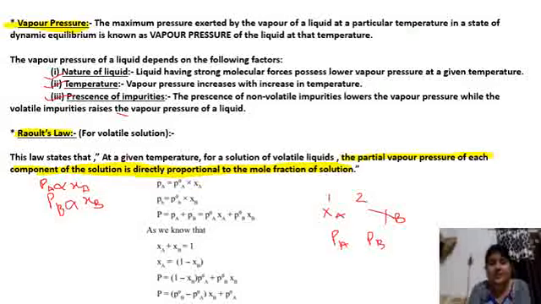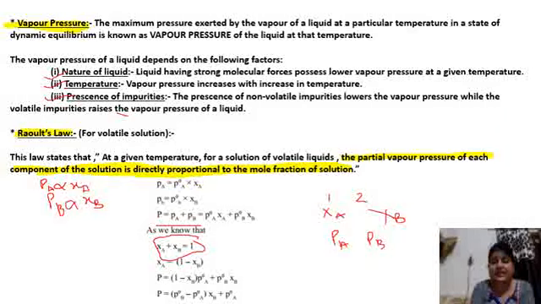Now, according to Dalton's law, the total pressure is equal to the sum of partial pressures. We put in the value of PA, that is P naught A XA, and PB, that is P naught B XB. We all know very well that the sum of mole fraction of solute and solvent is always equal to 1.